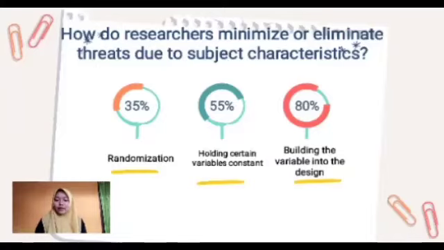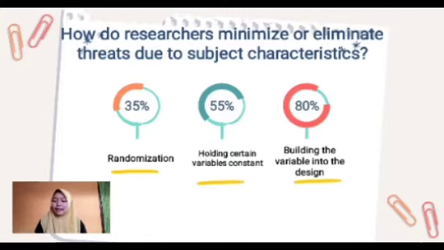And here is how researchers minimize or eliminate threats due to subject characteristics. The first one is randomization, as we mentioned before: each subject can be randomly assigned to the various groups involved in an experimental study. The researchers can assume that the groups are equivalent. This is the best way to ensure that the effects of one or more possible extraneous variables have been controlled.